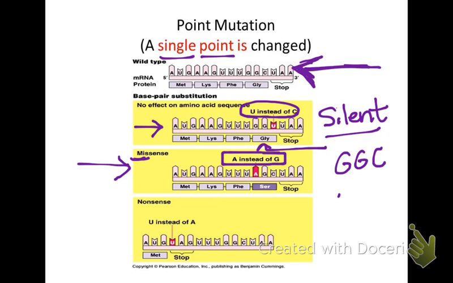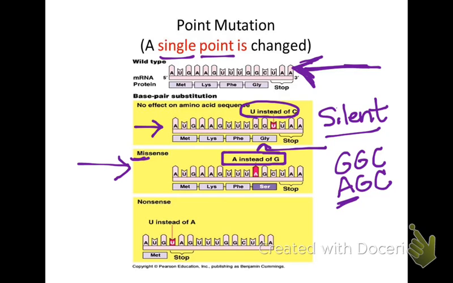Well, instead, they brought in AGC, and it's just this one point that gets changed. But AGC codes for serine, so the transfer RNA brought in serine. That's going to change the protein that is created. It's going to cause a problem there.